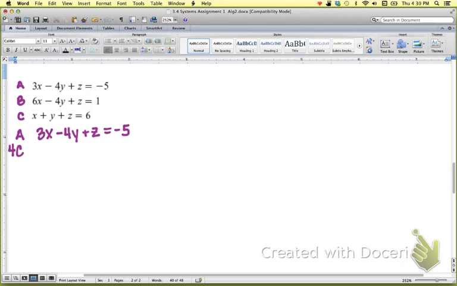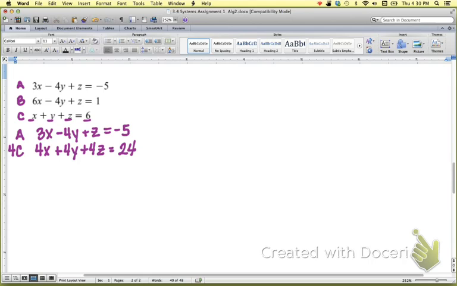But equation C, we have to multiply everything by 4 before we do that. This is a really easy one to multiply because all of the coefficients are 1. So I now have 4x plus 4y plus 4z equals 24. Again, what I just did was multiply this by 4 and this by 4 and this by 4 and this by 4.